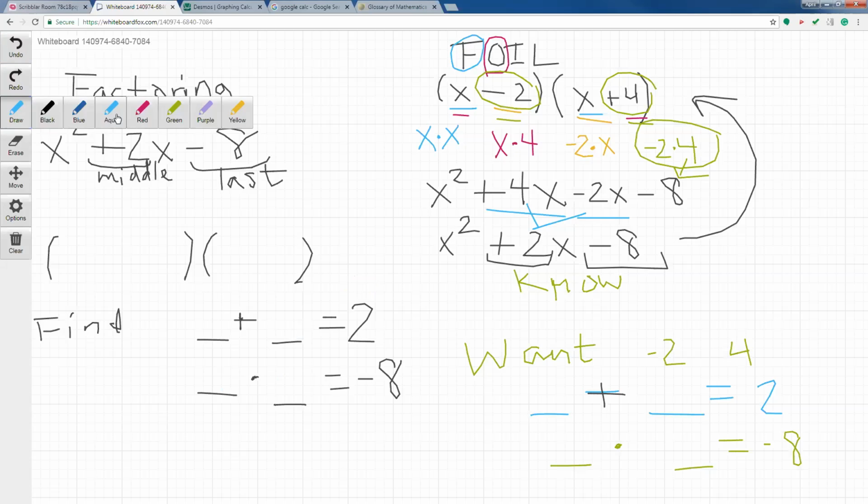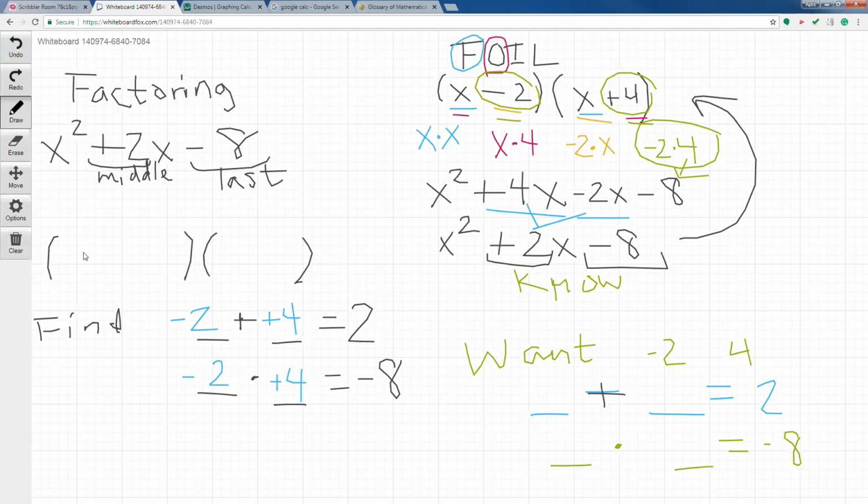So then you try a new pair of numbers and say, okay, well, I know 2 times negative 4, that gets me negative 8. 2 plus negative 4 is close. 2 plus negative 4 is negative 2. So we're almost there. When that happens, we can just change the signs. If we say negative 2 plus 4, now we come out with both of these numbers. So you can use any of those numbers in the equation to be able to do that? Yes, any 2 numbers that work with both.